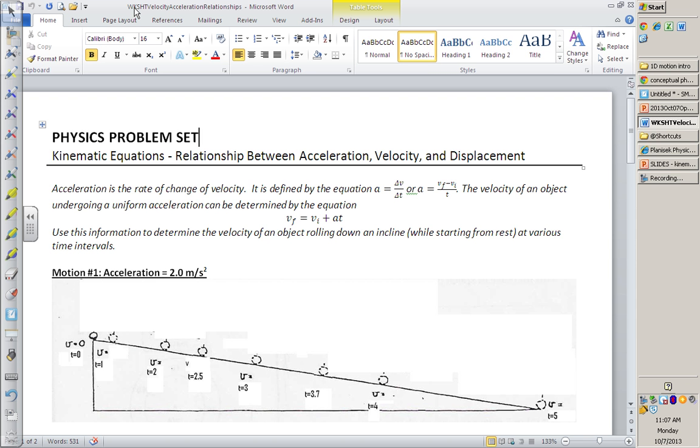All right. Our plan for today, using this problem set, is to start putting all of the pieces together as far as measuring motion goes.